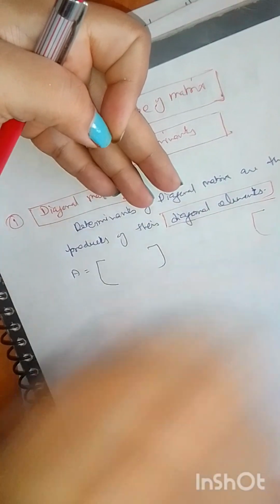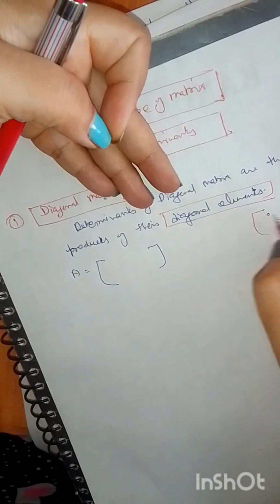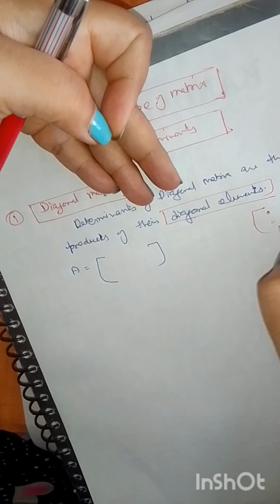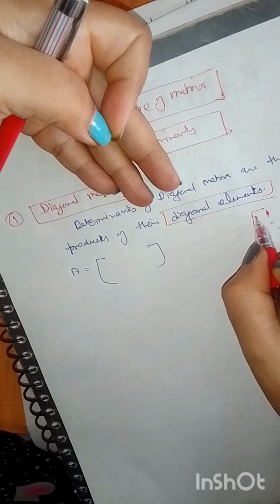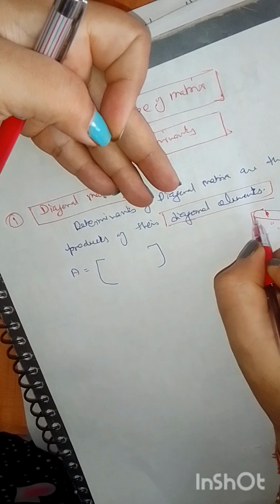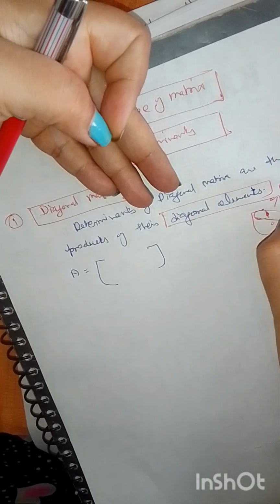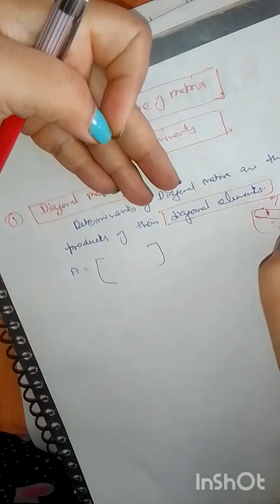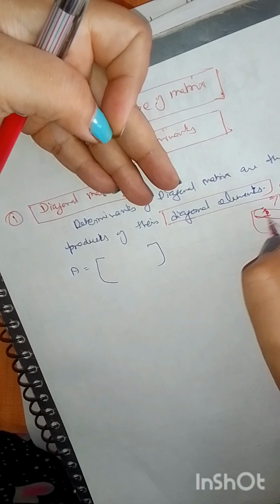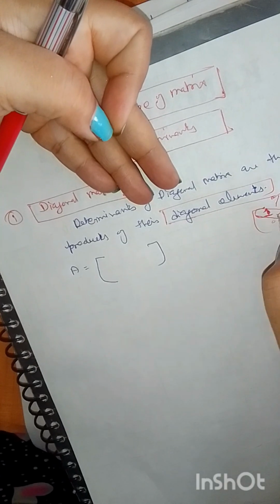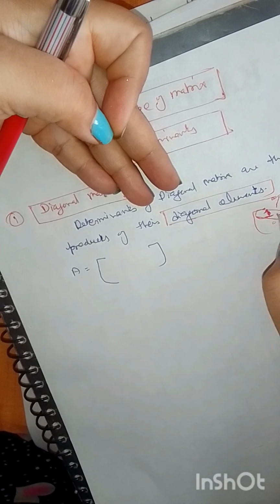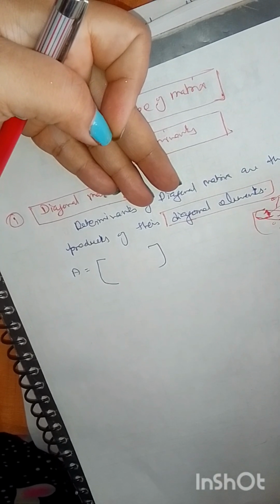Diagonal is nothing but, let's suppose, 0 0 0, 0 0 0, 0 0 0 with 1 1 1 along the diagonal. Whatever comes in this direction is called the diagonal. And the elements mean particular vectors or scalars, numbers, under this diagonal, which we call diagonal elements.